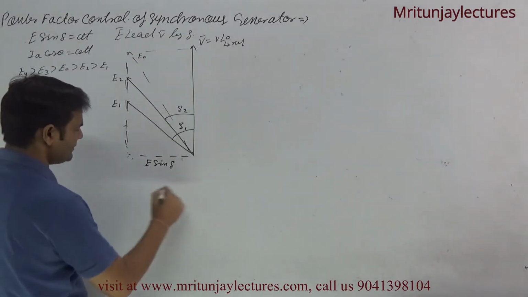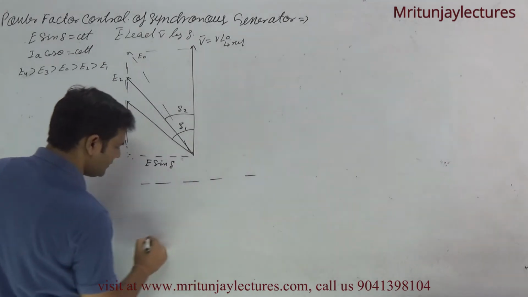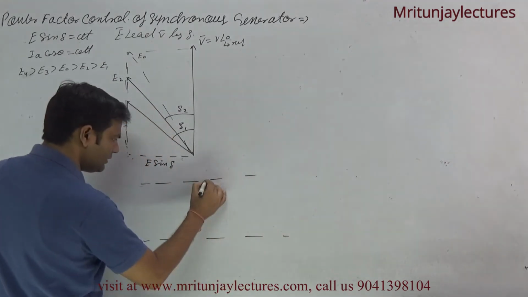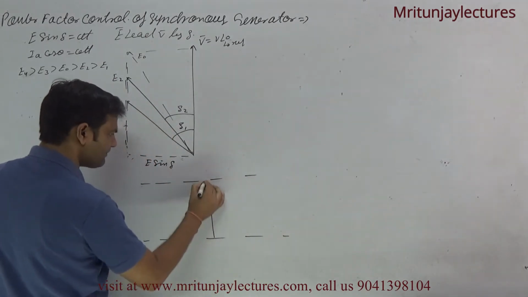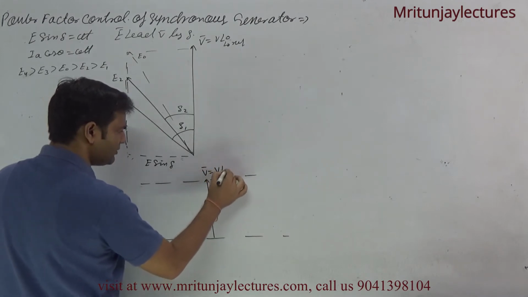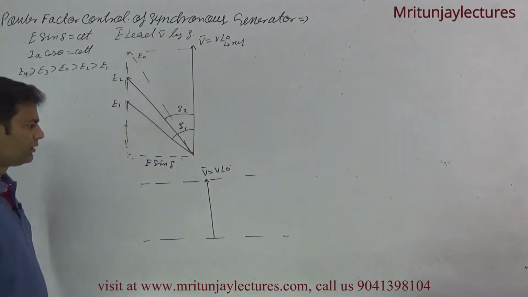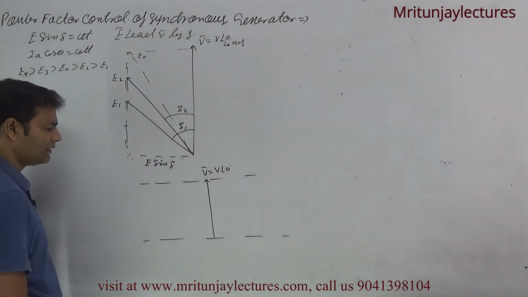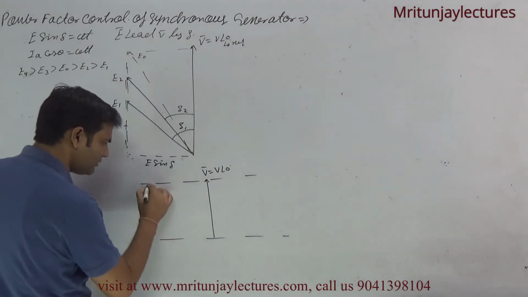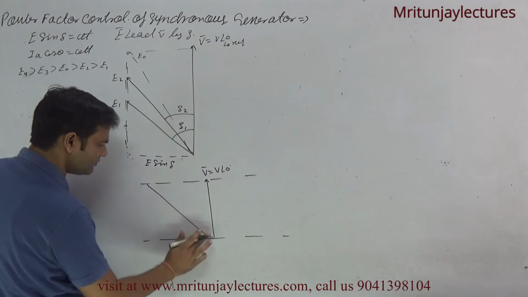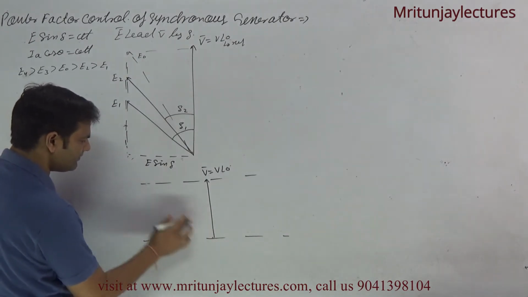Now, armature current. First of all, V is equal to V at the angle 0. Okay, is Ia leading or lagging? That's why I make it corresponding to the first one.